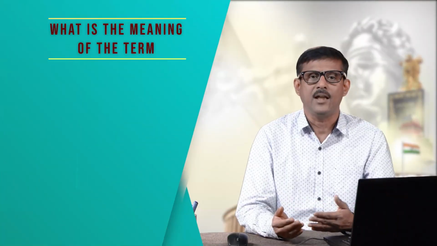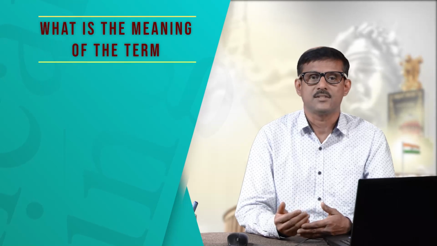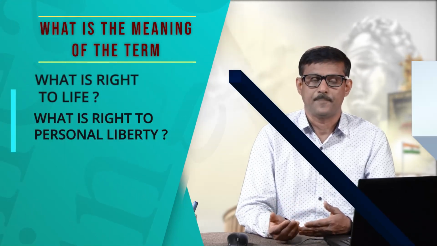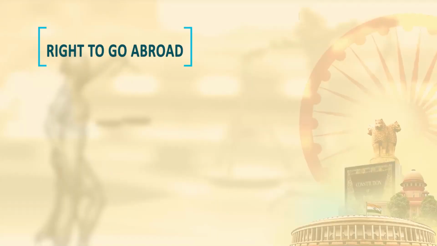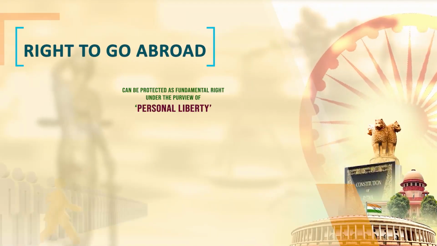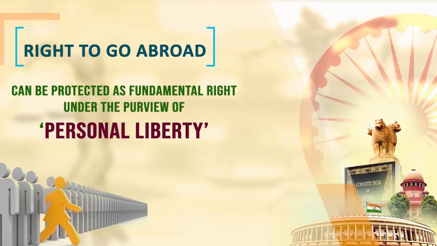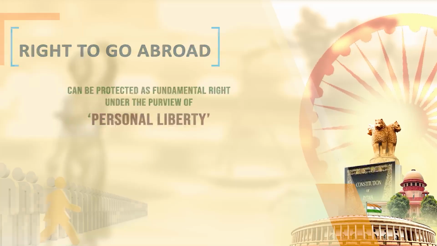Given this backdrop, we have to find out what is the meaning of the term right to life and what is the right to personal liberty, and whether the right to go abroad can also be protected as a fundamental right under the purview of personal liberty. And if it is so accepted and recognized, then it can only be denied by following a procedure established by law.